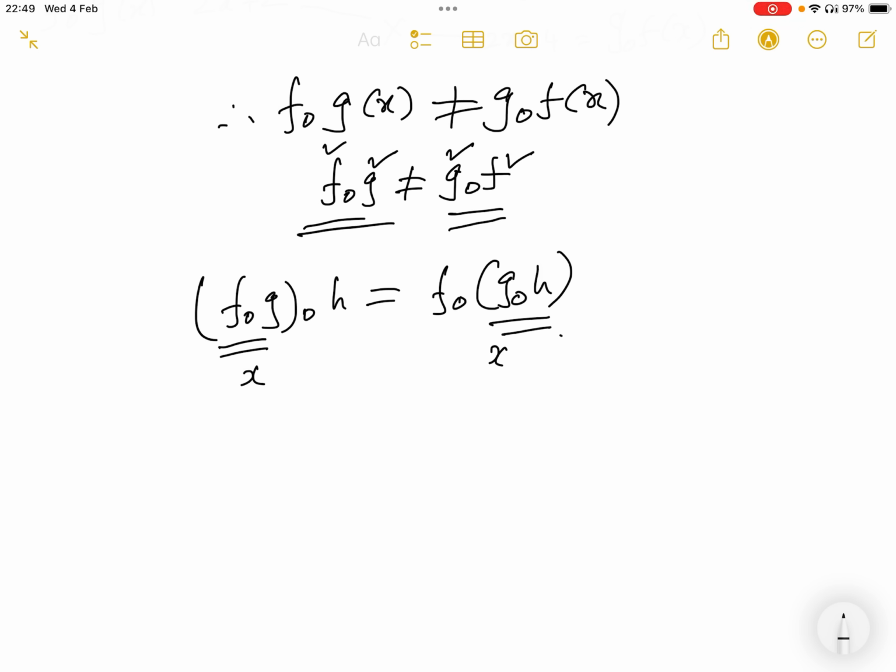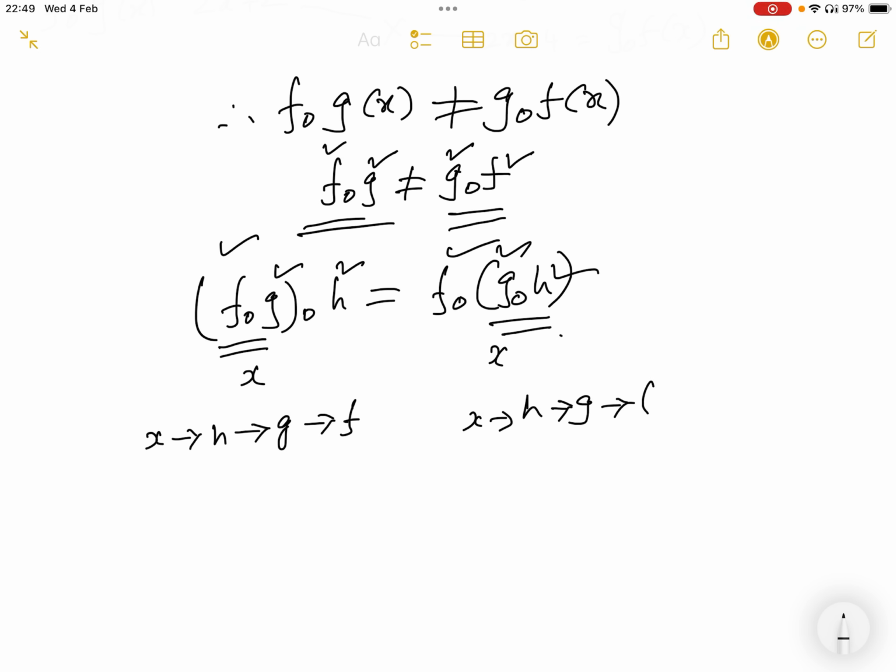So h processes the input first, then g, then f. Here also, give x as input, first processed by h, then g, and then f. Here we don't change the order or sequence of processing of the input. Therefore, the associative property always holds good. Whenever you change the sequence of processing, then definitely the output will change. Therefore, the commutative law does not always hold good for functions.